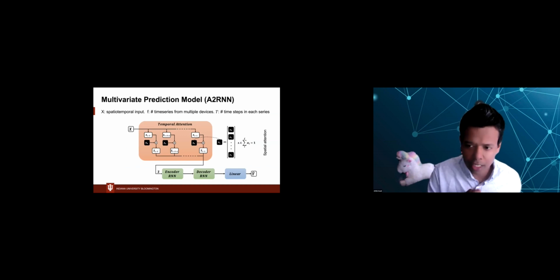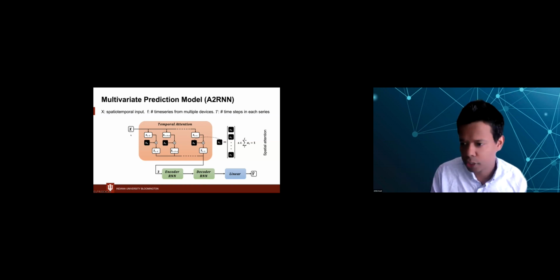So here is a simple diagram of the model that we are using at this moment. In this example, X is our input, X is a spatiotemporal input, meaning that it has both spatial and temporal components. It has multiple variables. In this example, we are talking about F variables. And that means we're talking about F time series coming from multiple devices. And we're also considering T time steps in the past.